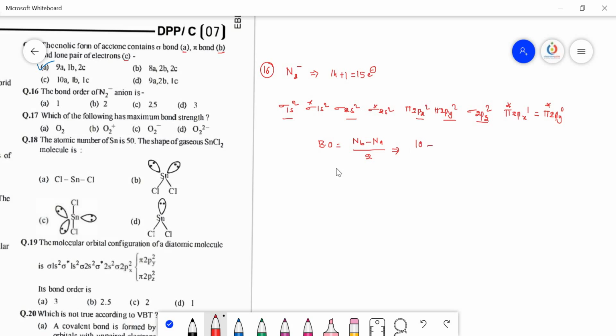Minus anti-bonding: 2, 4 plus 1, 5. So 10 minus 5 by 2 is 5 by 2, that means 2.5. So the bond order in N2 minus anion is 2.5. Hence option C is correct.